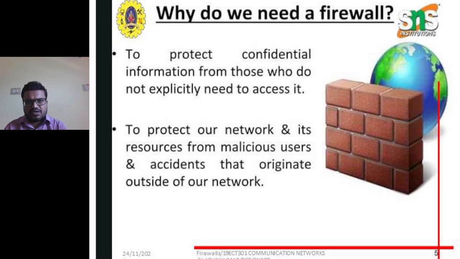The firewall is done to protect our network and its resources from malicious users and accidents that originate outside of our network. Sometimes attackers may catch our username and password, and based on them they create the same ID, so that they can use our IDs and passwords as their own, and forward messages to their own friend circles or to particular persons.